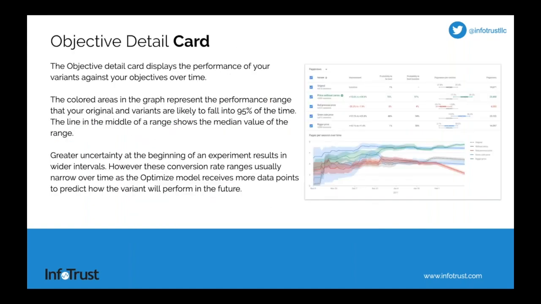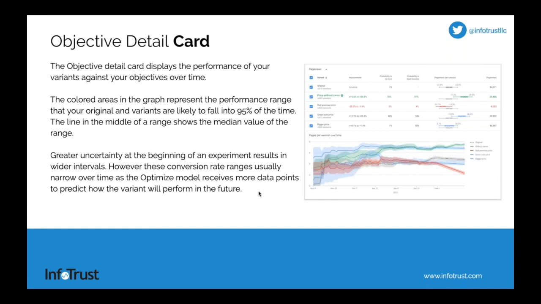And then finally, the objectives detail card. This is where you can see a little bit of additional information in terms of those improvement ranges, what's possible, and how those objectives changed over time. The colored areas in the graph represent the performance range that your original and variants are likely to fall into 95% of the time.